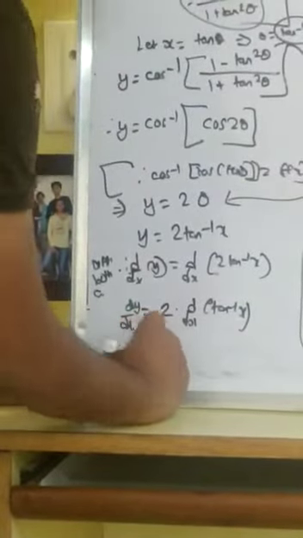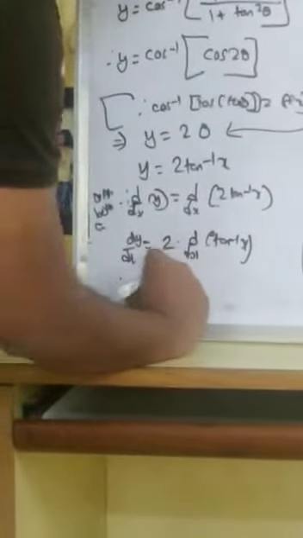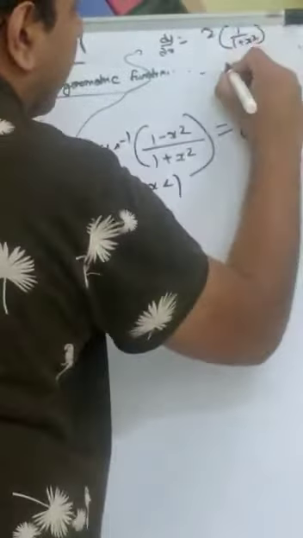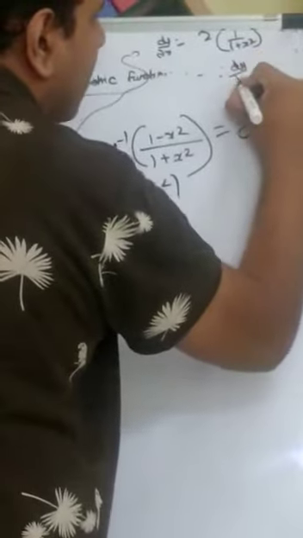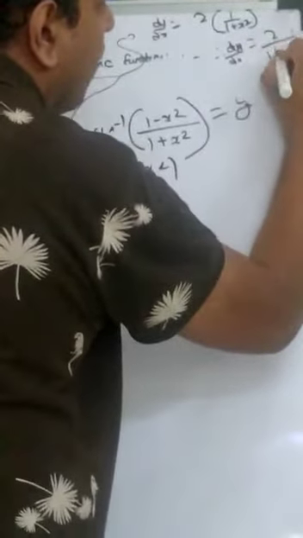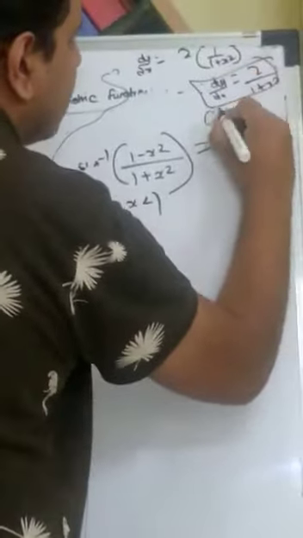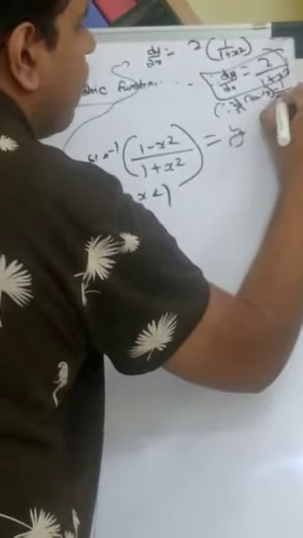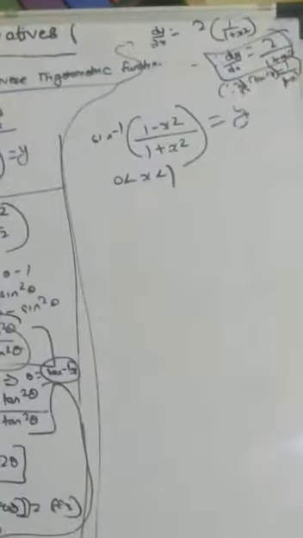Therefore, dy by dx is equal to 2 into 1 by (1 plus x square), or dy by dx is equal to 2 upon (1 plus x square), because the derivative of tan inverse x is 1 upon (1 plus x square).